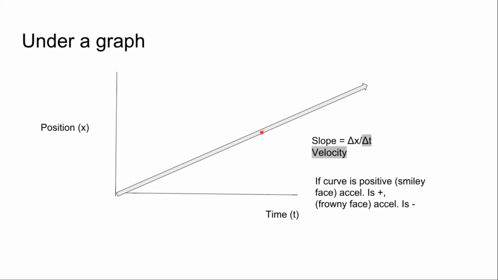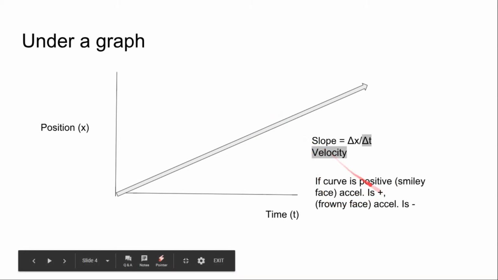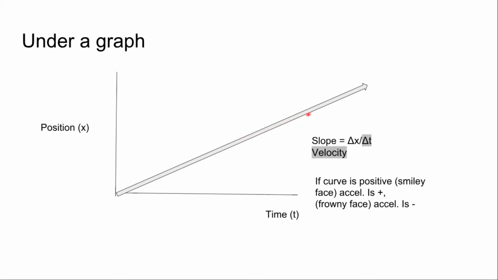And then here you can figure out the slope of this line, which will be velocity, as it is change in position over time. So that's velocity. And then, if applicable, if the curve is positive or a smiley face, the acceleration is positive. And if it's like a frowny face, the acceleration is negative. In this case, there's no curve, so there is zero acceleration.